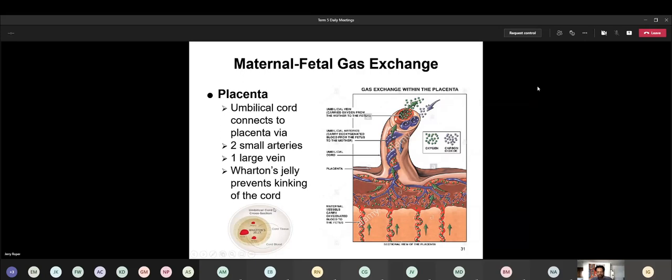But either way, whoever's on that team, one of you is going to need to check to make sure that all the structures are in the umbilical cord. We're supposed to see 1 big vein and 2 tiny little arteries.